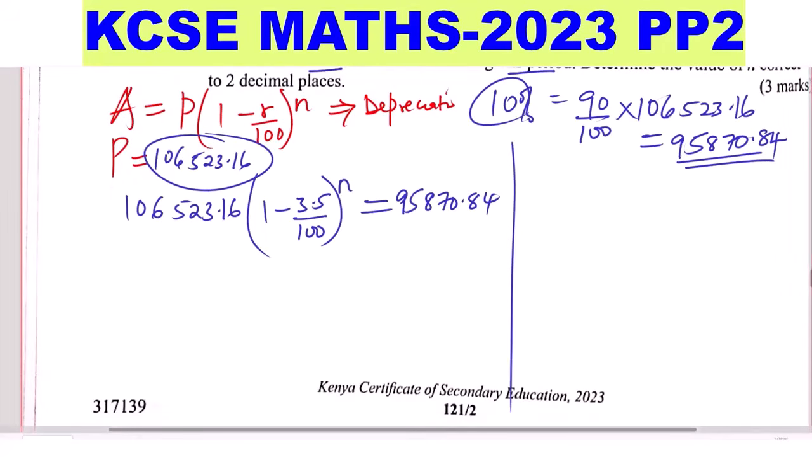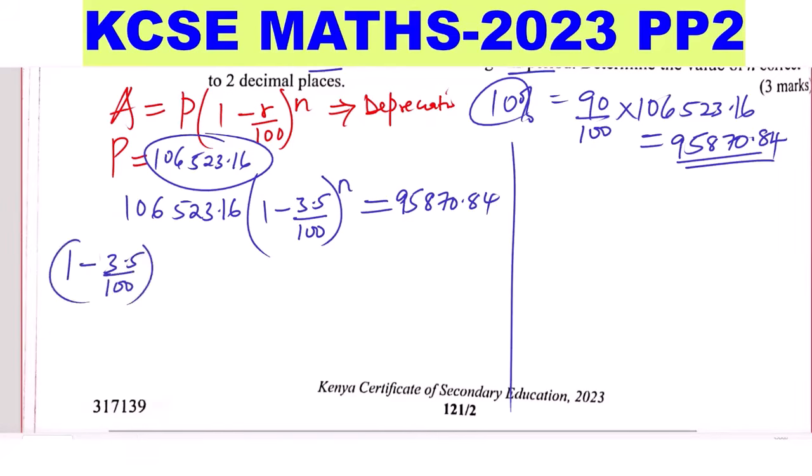So we start by dividing both sides by 106,523.16. We'll have (1 - 3.5/100)^n equal to 95,870.84 divided by 106,523.16.